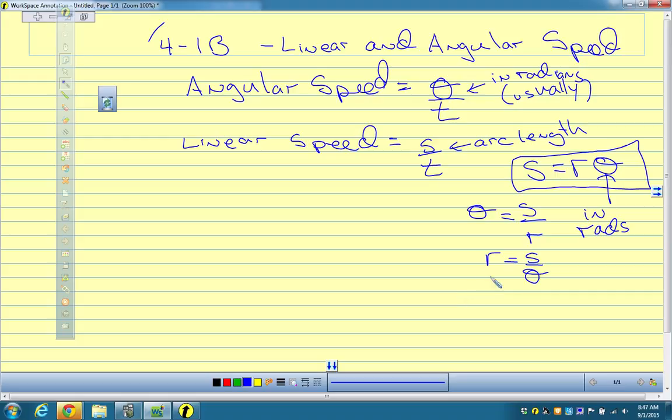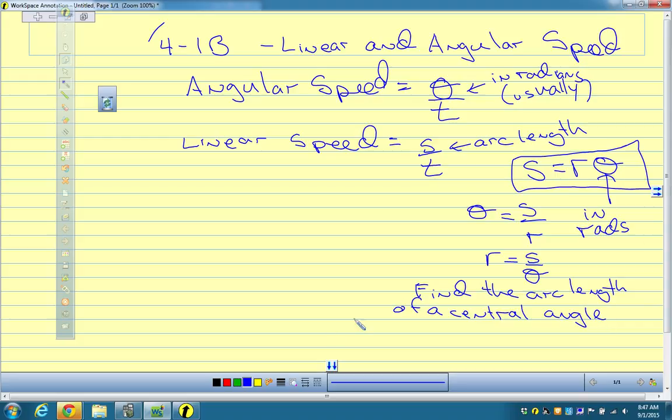So for example, before I get into the linear speed problem, let's just find the arc length of a central angle. Can you see that? Am I too far down on the screen?